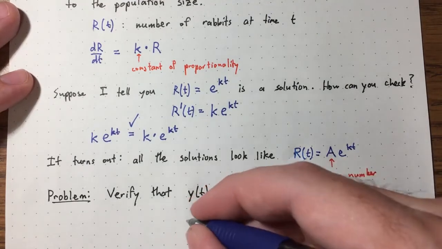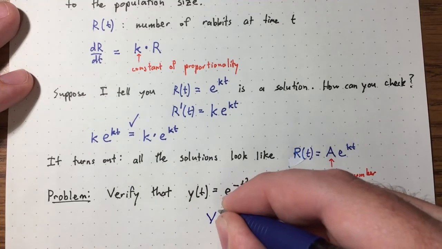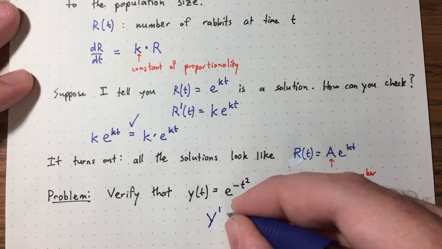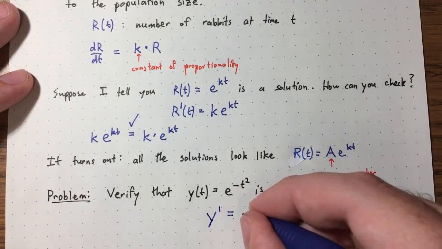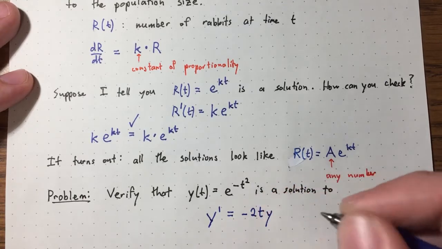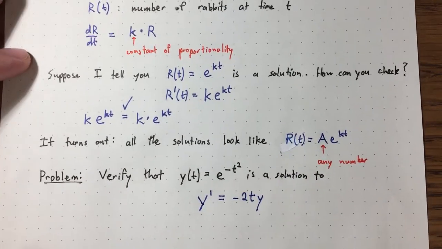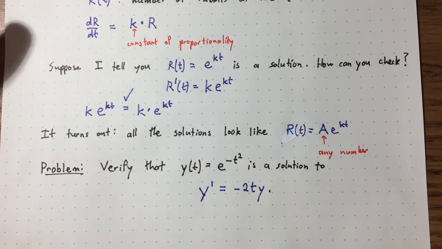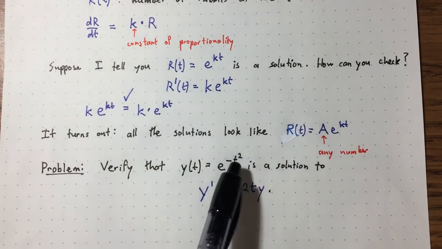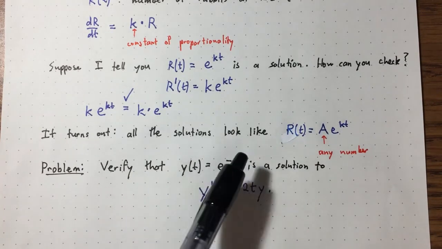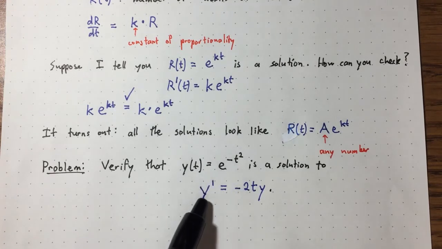So this differential equation is going to be y prime equals -2 times t times y. Okay. So you're going to check that this is a solution. In order to check, you're going to have to take the derivative of this, plug it in there, verify that you get the same function. So again, you'll have to use the chain rule.